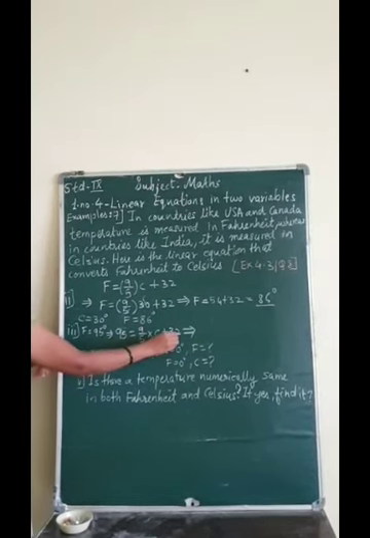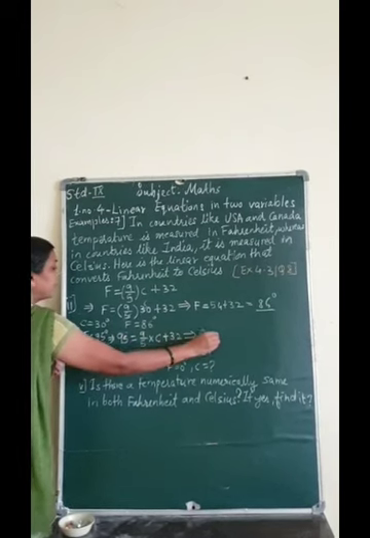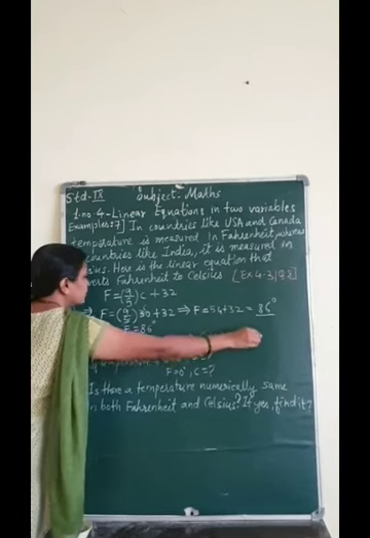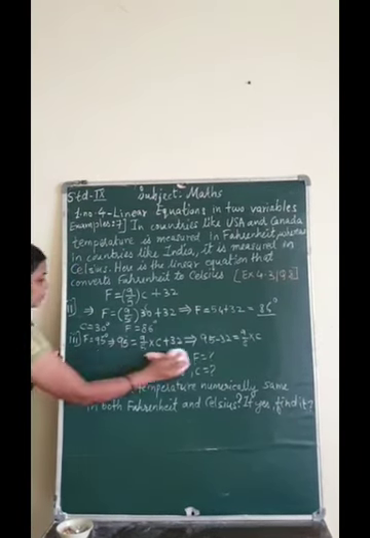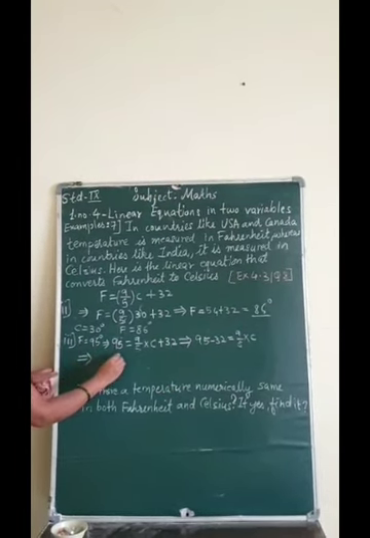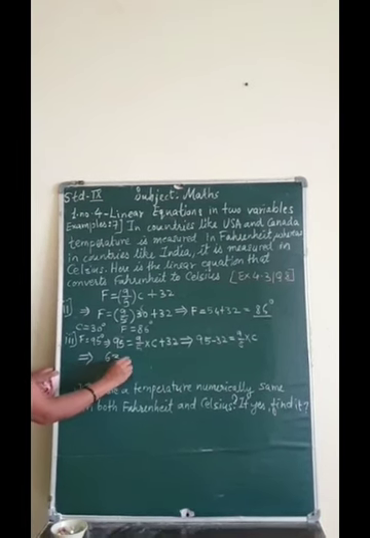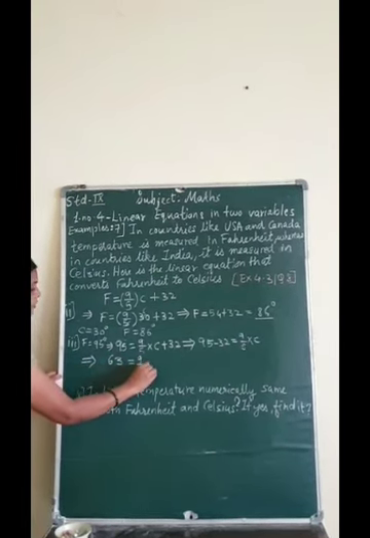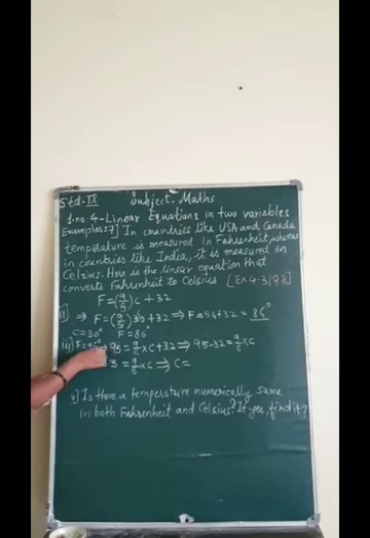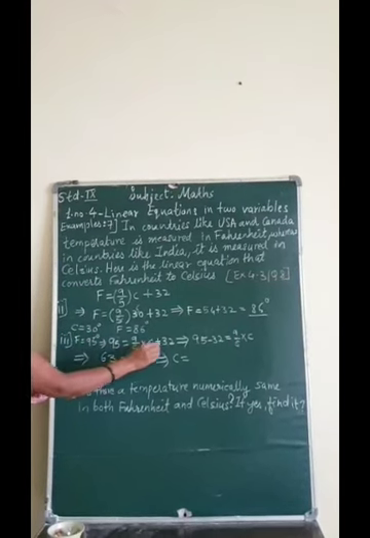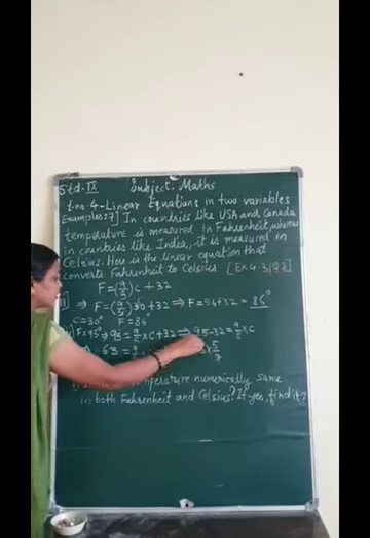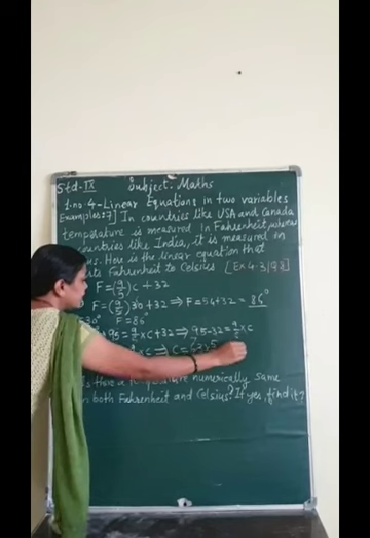So here we get 32 transposing here, 95 minus 32 is equal to 9 upon 5 into C. So it means here we get 63 is equal to 9 upon 5 C. So C will be, if you are transposing here, it becomes the reciprocal of 9 upon 5. So 63 into 5 upon 9, 9 sevens are 63. So here we get 35 degree.